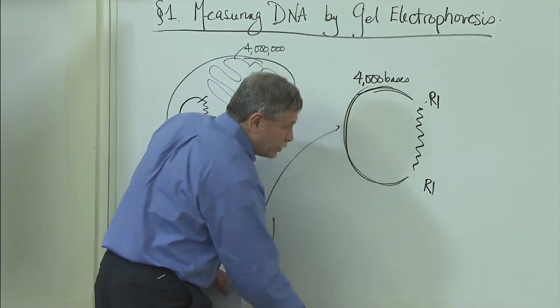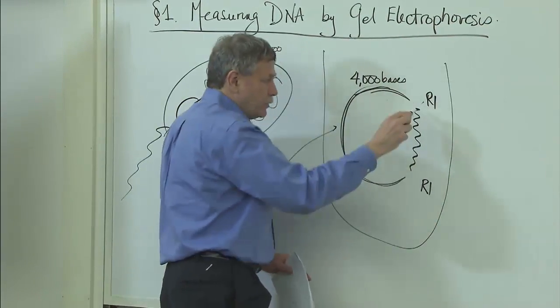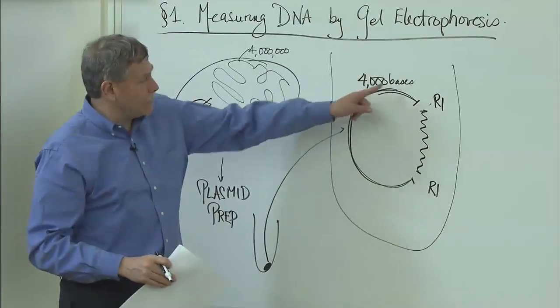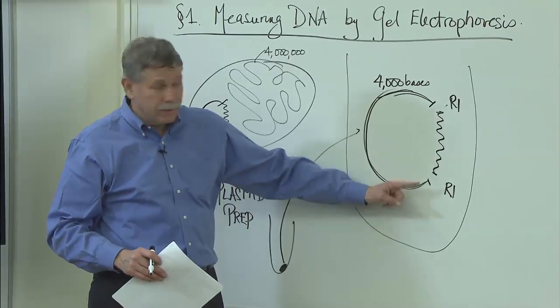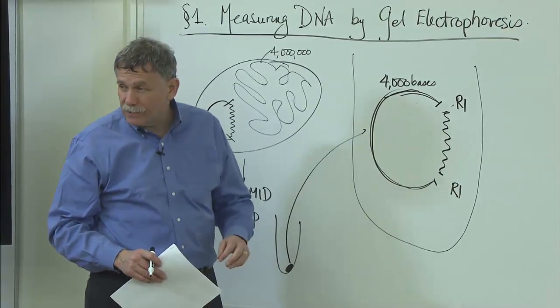So that's good enough. In my test tube, I add the restriction enzyme, and now I have separated out the vector, which I know to be about 4,000 bases long, because that's what it said in the catalog, and my insert, which I don't know. And I need to measure their size.